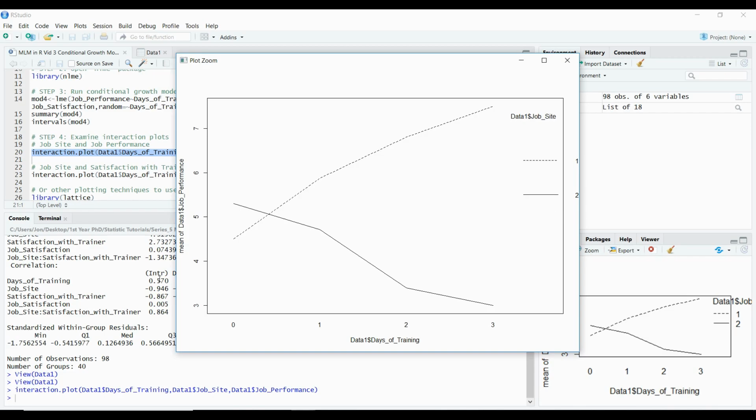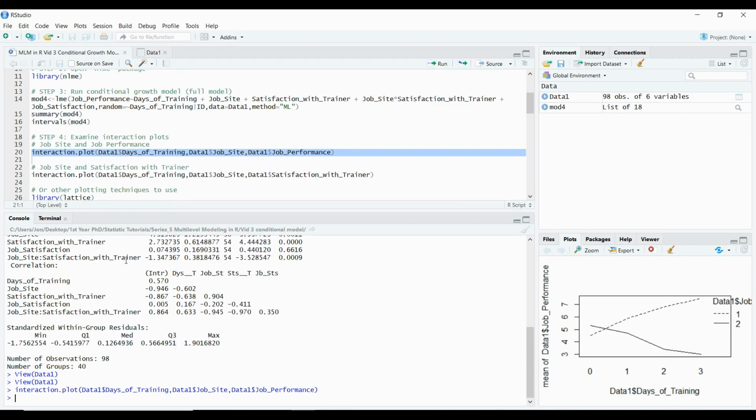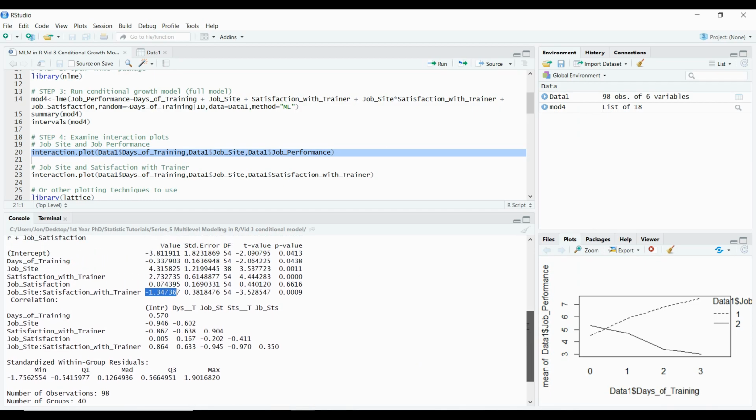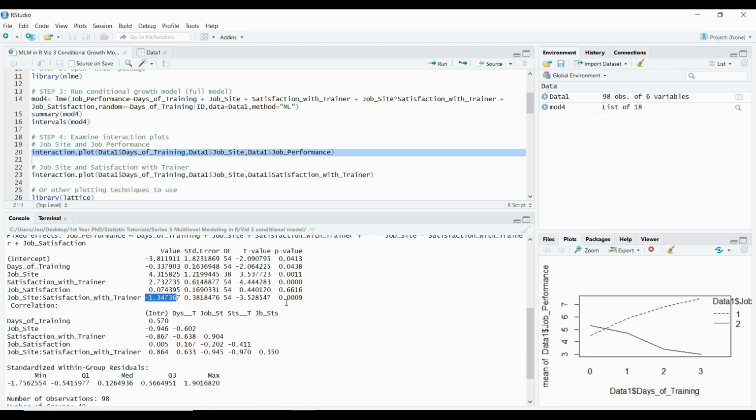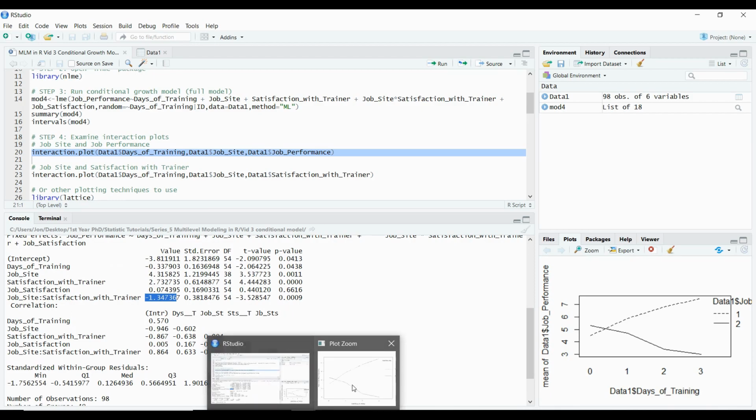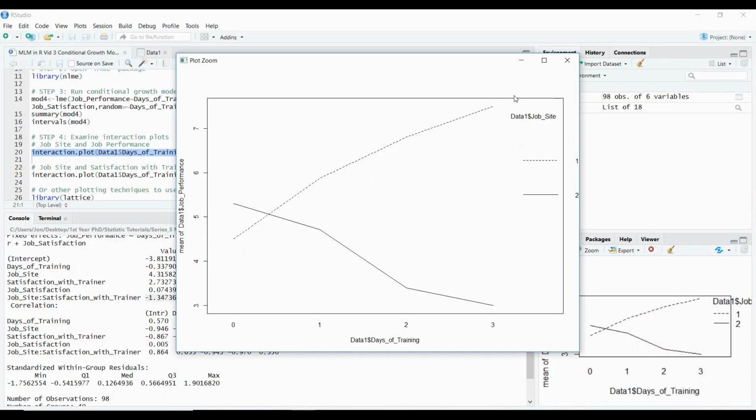But you can see this negative value here, and although it's significant, all it is really suggesting is that job site 1 had a higher rate of performance compared to job site 2. That's literally all that value is saying. So it could be deceiving to think that there's a negative relationship taking place when in all reality there isn't. It's just job site 1 is much higher than job site 2.